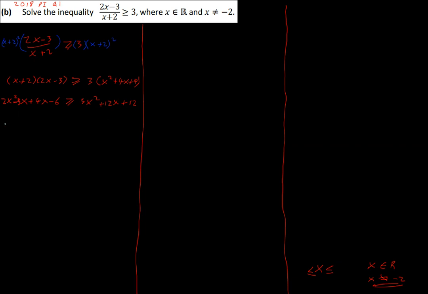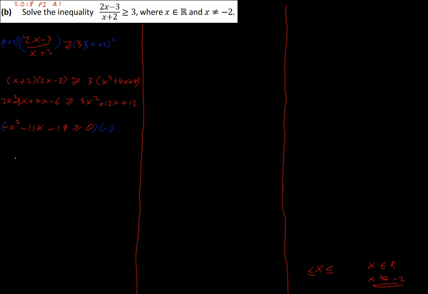So rearranging that, I end up with minus x squared minus 11x minus 18 greater than or equal to 0. Now, I don't like factorizing something with this many minuses in it, so what I'm going to do is multiply both sides by minus 1.